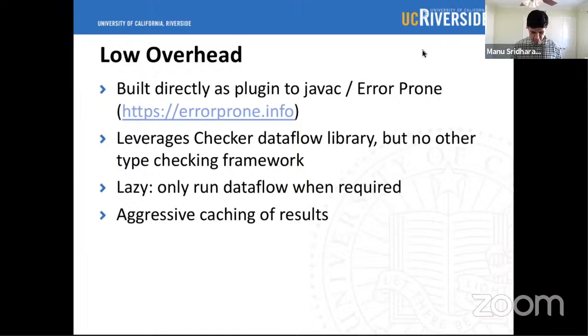We based this on ErrorProne, which is a great bug finding framework for Java that was written by Google. We did leverage the library from the Checker Framework for data flow analysis, but we didn't use any other general type checking framework. We built everything from scratch, and we use standard techniques to speed things up.